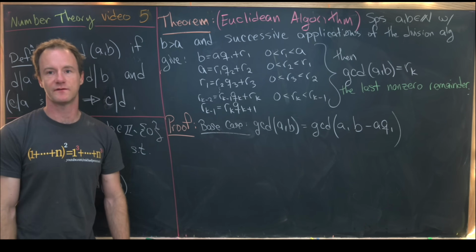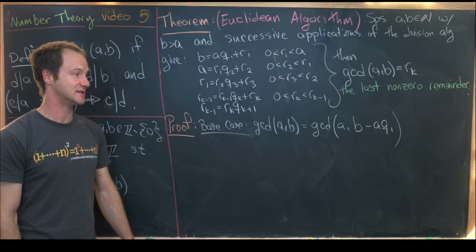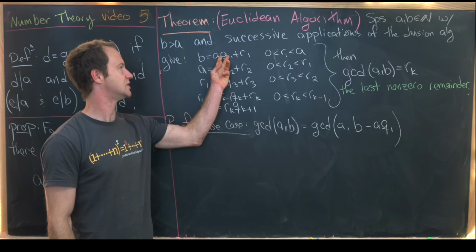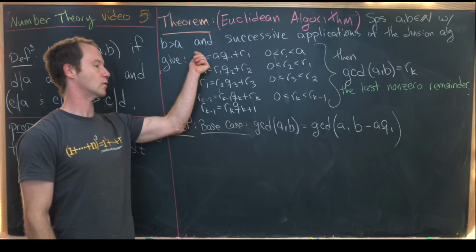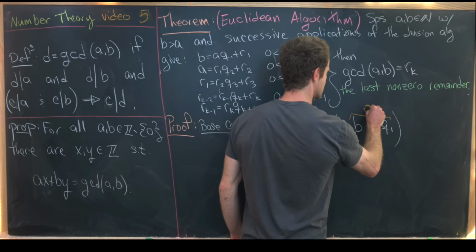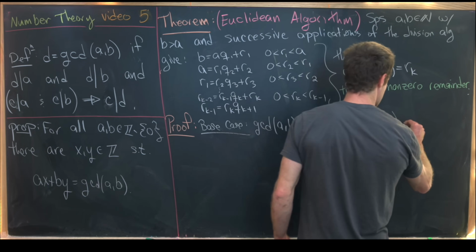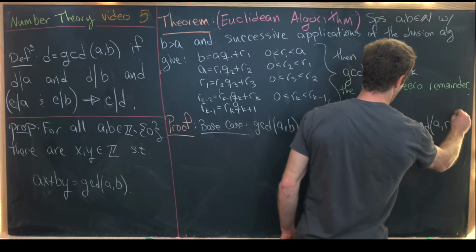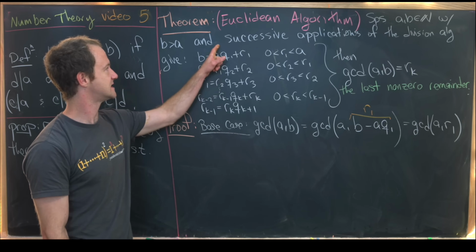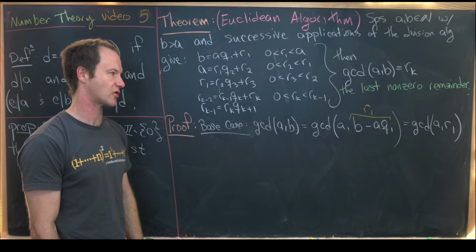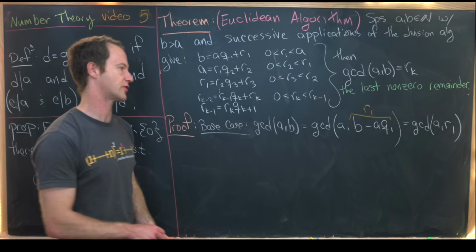So that equality follows from the lemma that we just got done proving. But next, we'll see that b minus a times q1 is exactly r1 from this equation right here. So we have this is equal to r1, which means we can write this as the GCD of a with r1. But now if we extend this up further this way, we can think about a as being our first remainder or our 0th remainder.